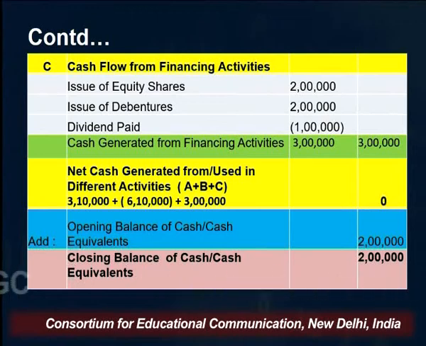So eventually your net cash generation is 0, because plus minus the value you get is 0, and that is why in this question opening balance of cash and closing balance of cash were the same. So here we'll add opening balance of cash and cash equivalent, that is 2 lakh rupees, and the result automatically comes that the closing balance of cash and cash equivalents is rupees 2 lakh.